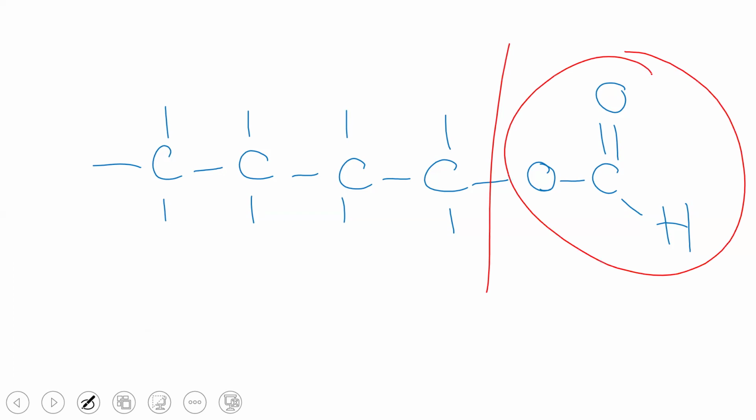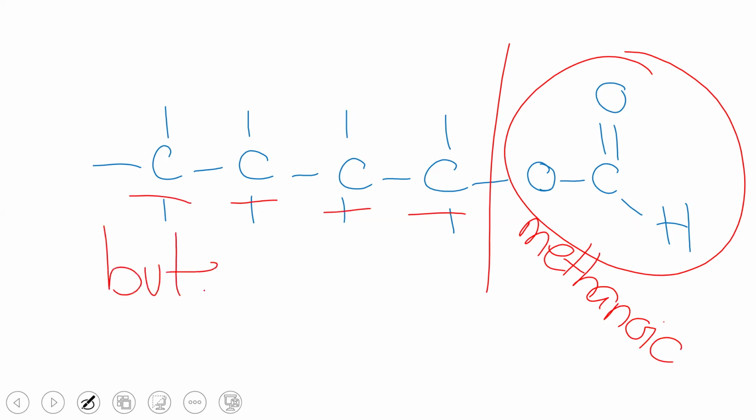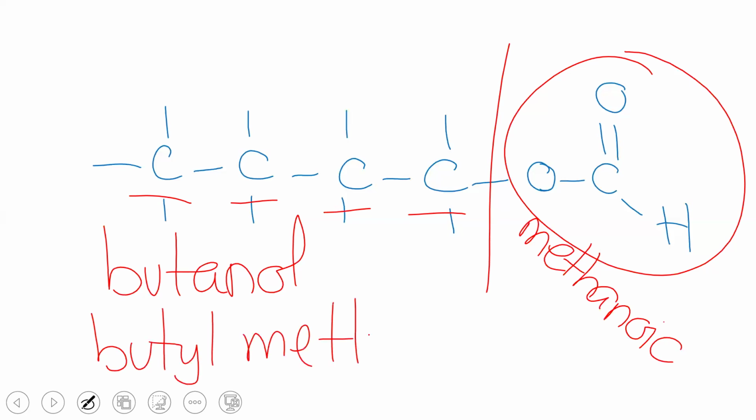This is the acid. The part with the COO is the acid. 1 carbon, so it's methanoic. And we have here 4 carbons, butanol. So now I have the name of the alcohol, butyl methanoate. And that's how we name an ester if you have the drawing of the ester.